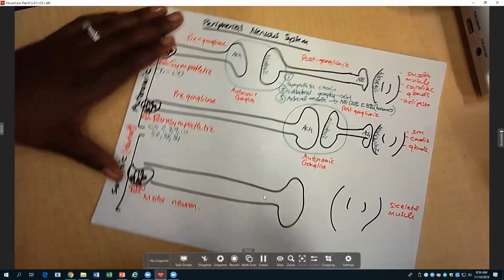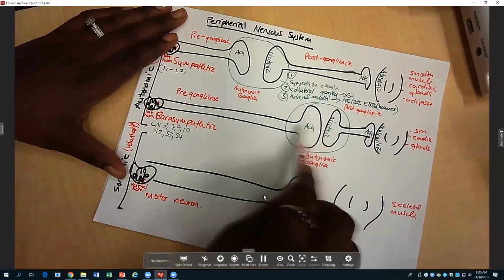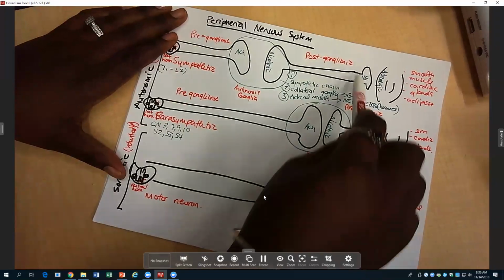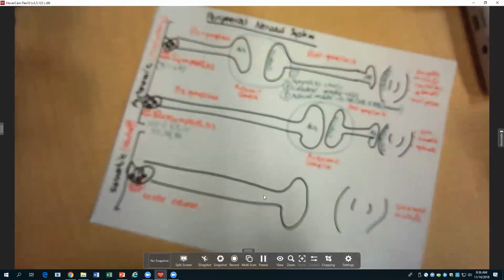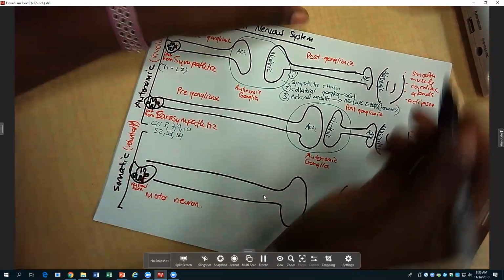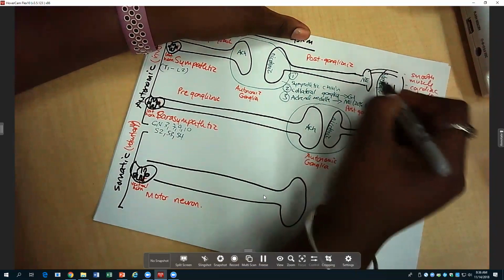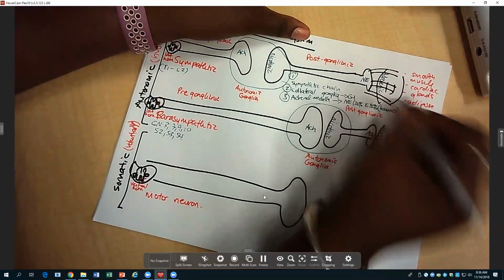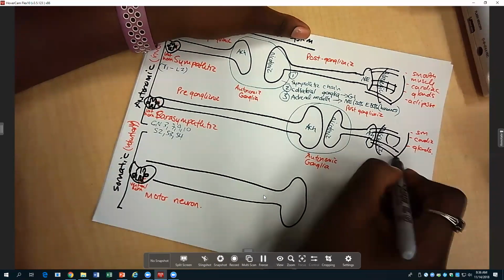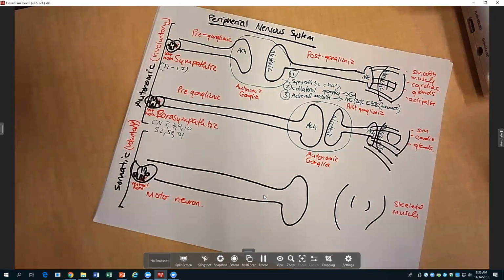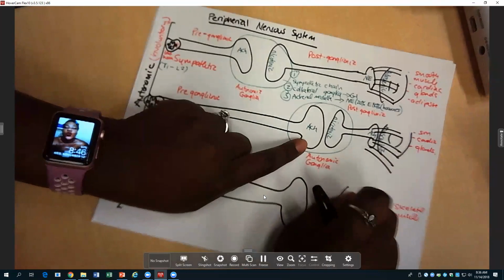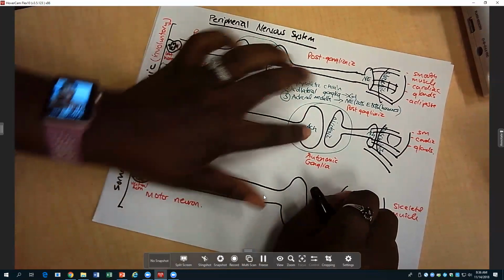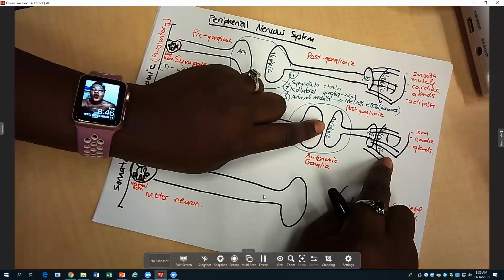Now let's talk about some differences between this synapse here and this synapse here. All right, so what were the differences we said between this synapse and this synapse? This is a neuron-to-neuron synapse, and this is the neural effector junction.